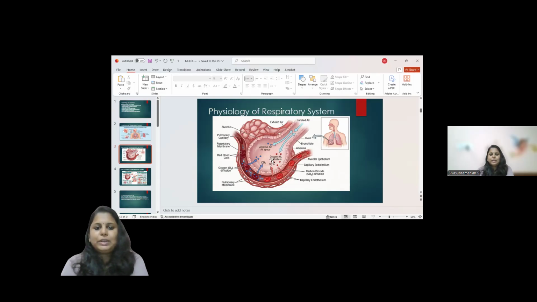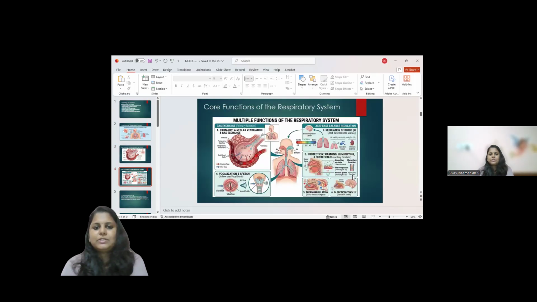Here, in the alveoli, the inhaled air will diffuse into the bloodstream. Once the diffusion takes place, at the same time the carbon dioxide leaves from the bloodstream. This is how gas exchange takes place during inspiration as well as expiration. I hope you understand the physiology of the respiratory system.